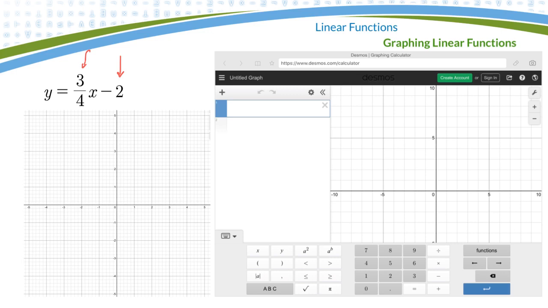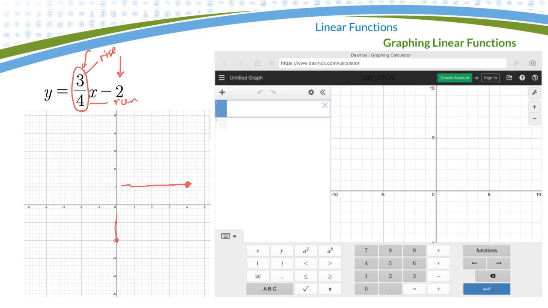So my y-intercept is negative 2, that's a point right there. Then they say my slope is 3 over 4. The top number is always the rise, and the bottom number is always the run. So I'm going to rise 3, 1, 2, 3, and run 4, 1, 2, 3, 4. So there's my other point.